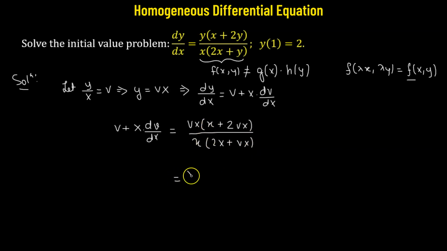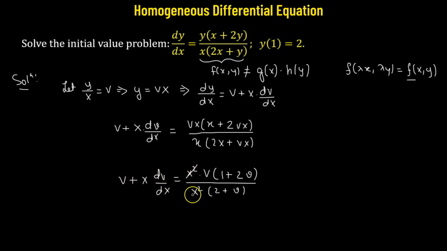So we can take x squared as the common factor in the numerator, so x squared multiplied by v multiplied by 1 plus 2v, divided by x squared multiplied by 2 plus v, and on the left hand side we have v plus x times dv over dx.